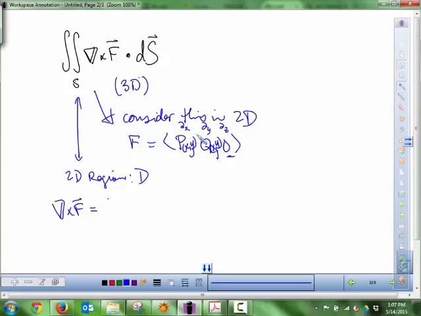My x component is going to be the derivative of 0 with respect to y, and then the derivative of q with respect to z. What's the derivative of q with respect to z? 0, because q is a function of x and y. There are no z's in there.